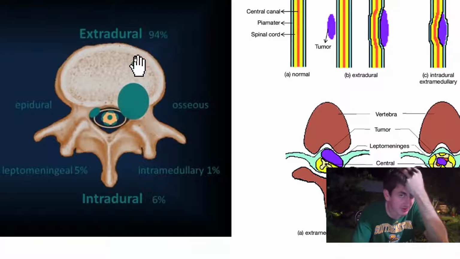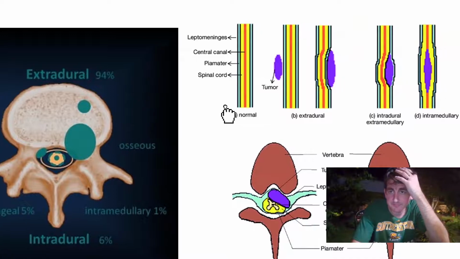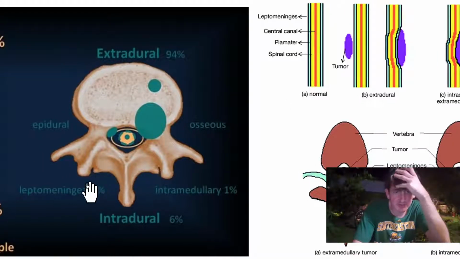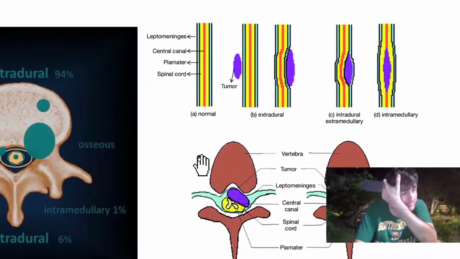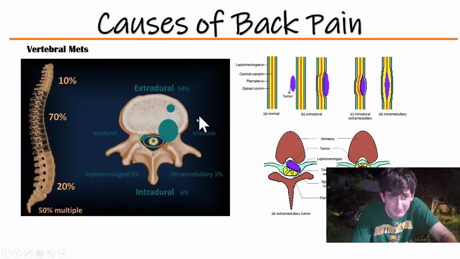So extradural can include these vertebral body mets. So yeah, here's extradural. So, you know, the worst one, leptomeningeal 5%. These are pretty bad. People with leptomeningeal metastasis is a pretty grim prognosis usually, and a lot of bad progressive neurological deficits.